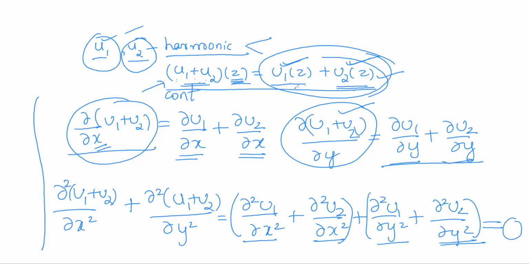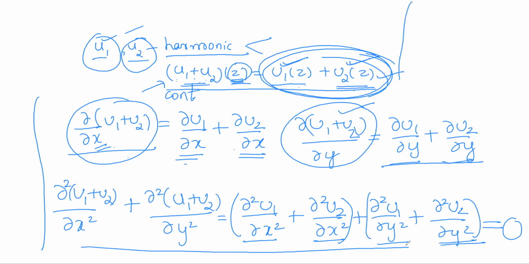That is, it is a real valued function of a complex variable. It is continuous. Its partial derivatives of first order and second order are continuous, and it also satisfies Laplace equation. So this shows that whenever we have two harmonic functions, their sum will also be a harmonic function.